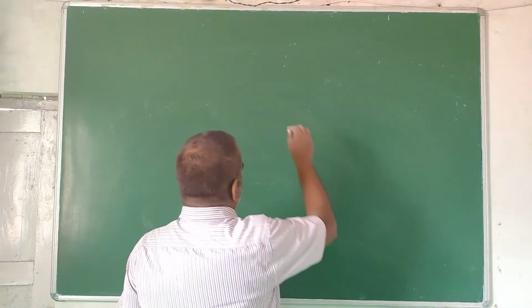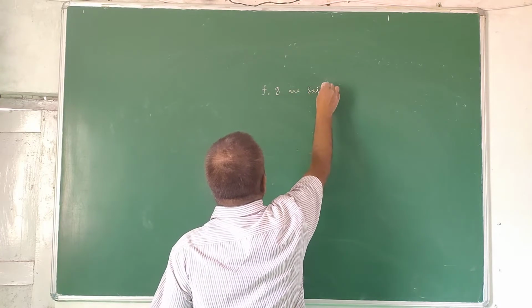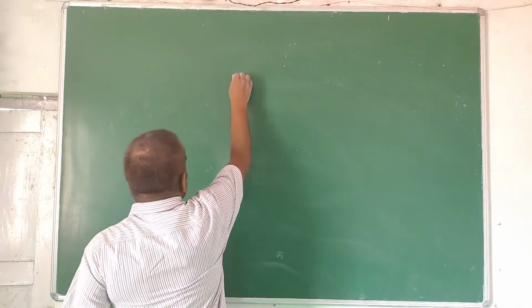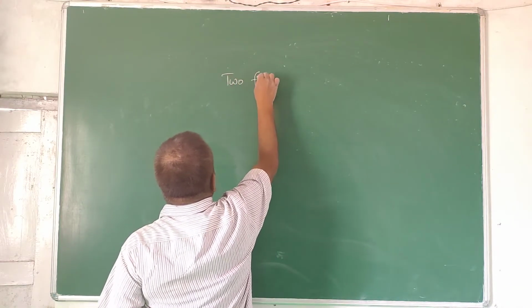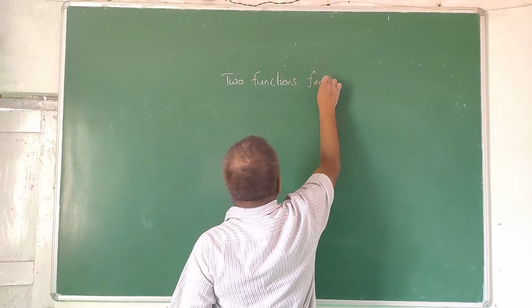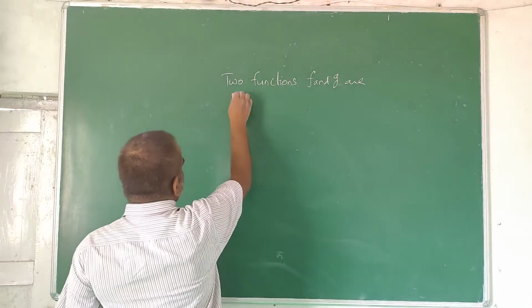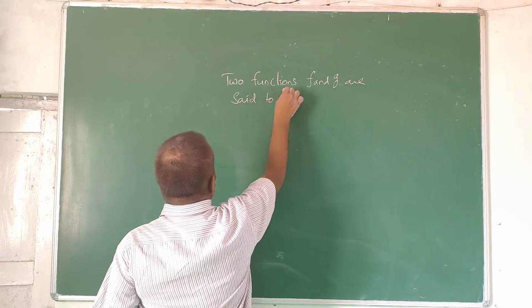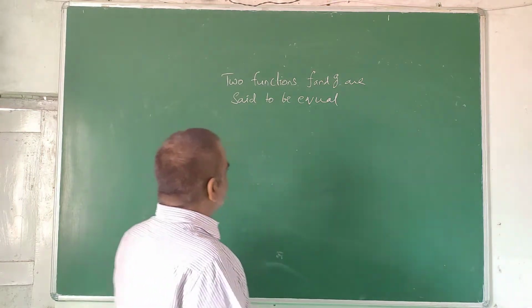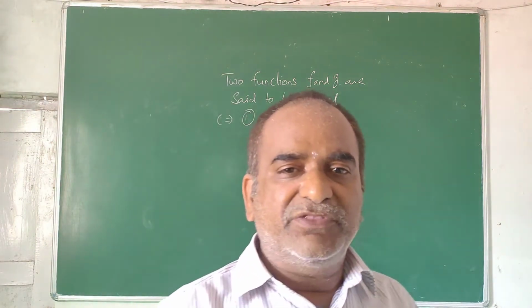See here, two functions f and g are said to be equal if and only if, number one, the two functions should have the same domain.